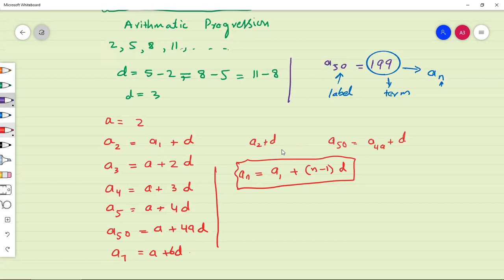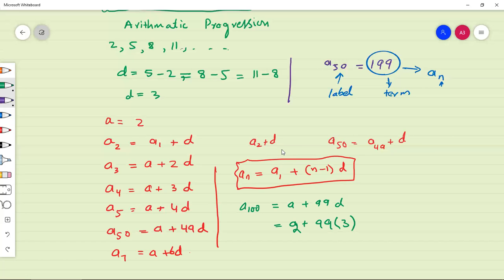So now look at this. If you want to find the 100th term in this sequence, then A100 is equal to A plus 99, 100 minus 1, into D. So A plus 99 into D, where D is 3.